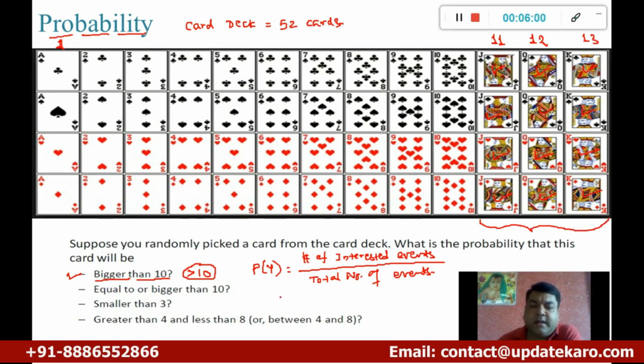So I am interested in these 12 events, divided by how many total events are possible. If I randomly pick a card, how many different outputs can I get from this 52-card deck? Obviously, the total number of possible events is 52. So the probability that this card will be bigger than 10 is going to be 12 by 52.